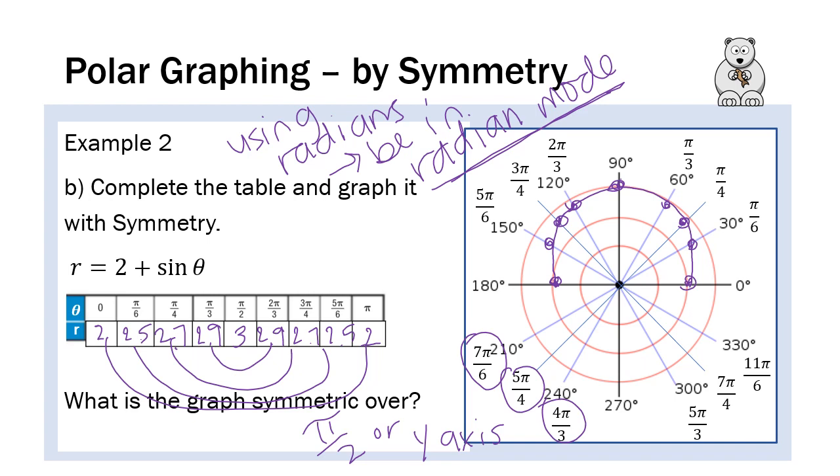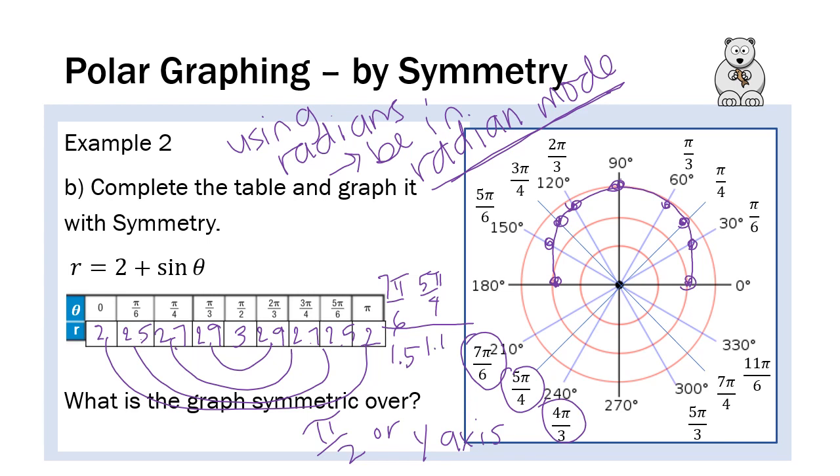So for 7 pi over 6, I'm going to get 1.5. For 5 pi over 4, I got 1.1. And you just use one decimal place when you plug these in.